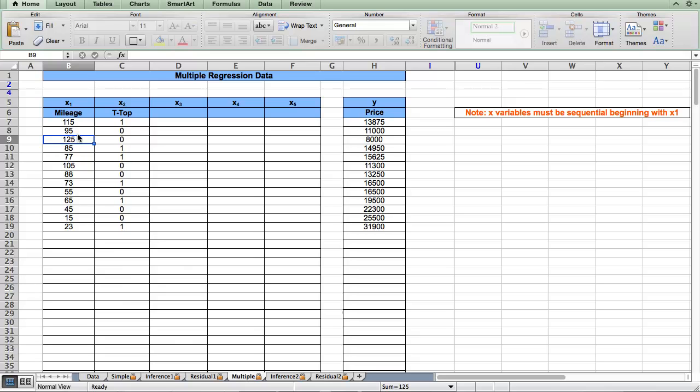So in theory, we could estimate the price of any Corvette within that wide range of mileage. However, Corvettes that have fewer than 15,000 miles or greater than 125,000 miles, we don't know anything about the effect on price. We could speculate based on what we're seeing with these data, but we simply do not know.